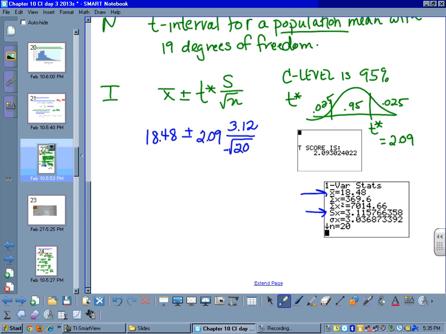So I need that standard deviation of the sample, and I need the estimate, which is X bar of 18.48.